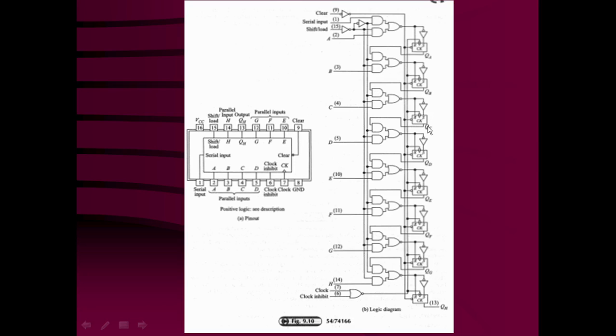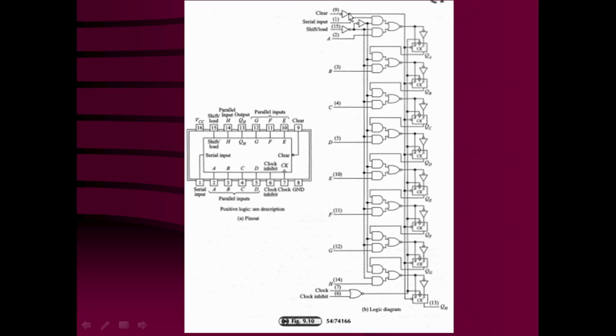The output of QC is connected as one of the inputs of the next flip-flop, and that way the data is shifted from flip-flop to flip-flop, from QA toward QB, QB toward QC, and QC toward QD, when the clock makes a transition. So on every clock transition, one bit will be shifted from QA toward QB, and the data bit presented at the serial data input will be shifted into the flip-flops.